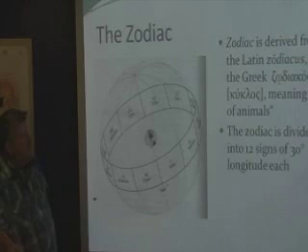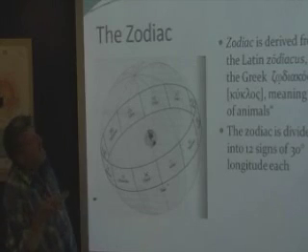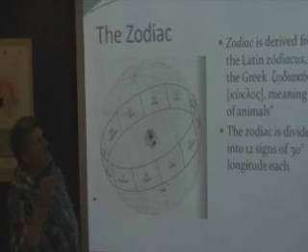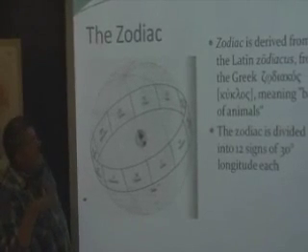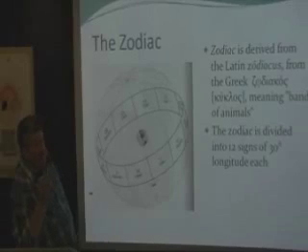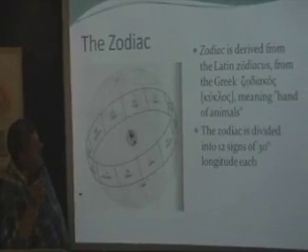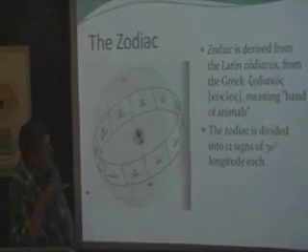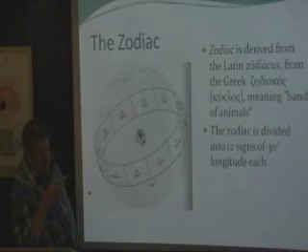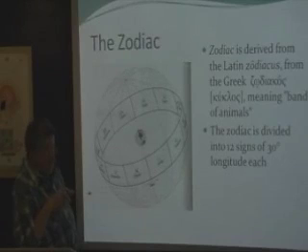Now, zodiac is derived from the Latin zodiacus, which in turn is derived from the Greek zodiakos, which means band of animals. If you look at the zodiac here, they're not pictured but named.